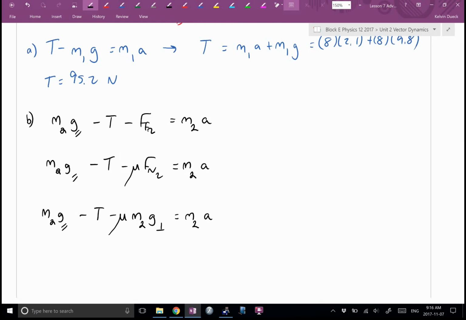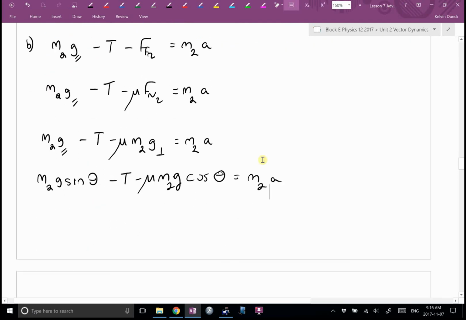Let's do our trig. Parallel, 2 lines. Which trig function? Sine? M2G sine theta minus tension minus mu M2G perpendicular. Which trig function? Of course it is. Equals M2A. What am I trying to find?